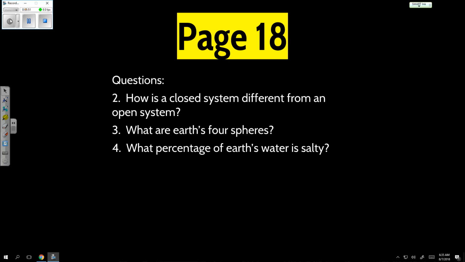What are Earth's four spheres? The Earth system is made up of four spheres. These spheres are not large, round objects. They are different areas where all of Earth's matter is found.